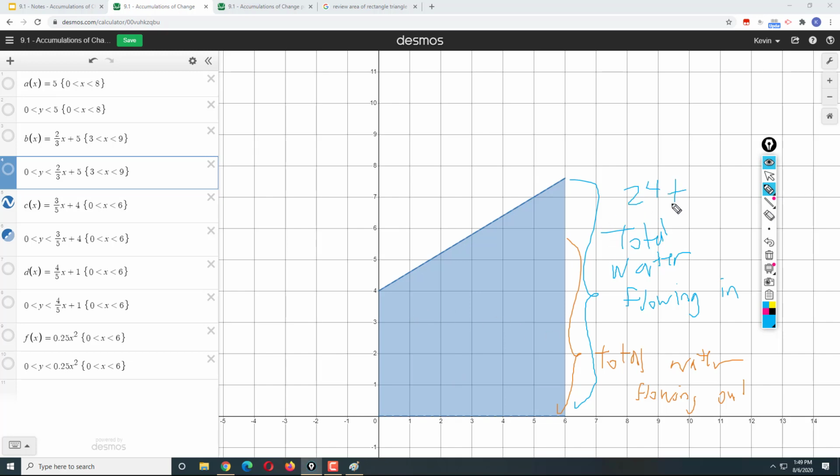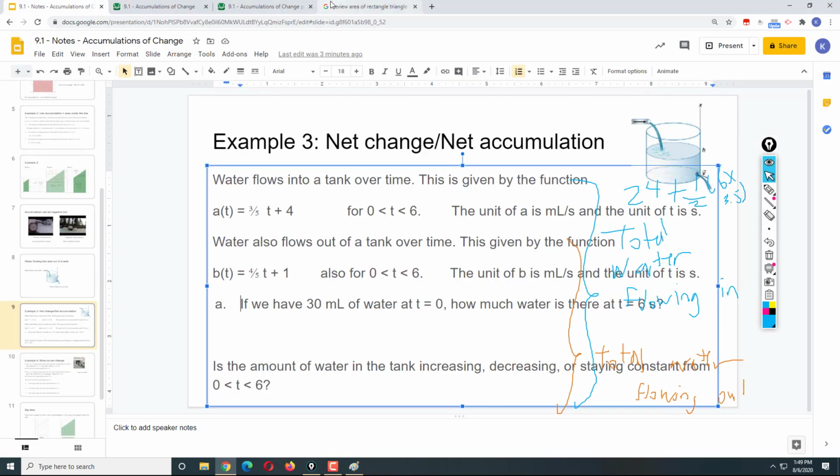The triangle is 1/2 of 6 times 3.5. That's from 0 to 6.